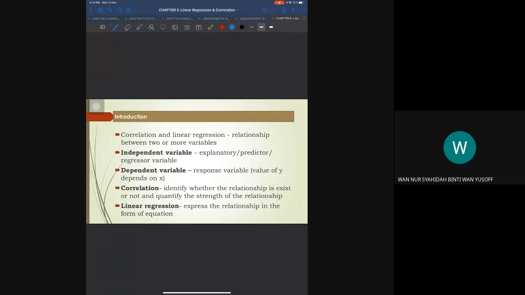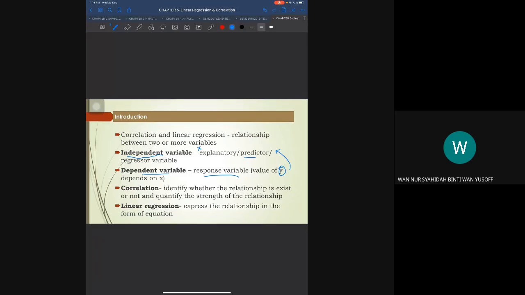The independent variable, which we call the predictor or the regressor, is denoted by X. That is the notation that we use. The dependent variable, which we call the response variable, is denoted by Y. This means that Y depends on X. There will be some keywords in the question to notify which one depends on which one, and it is also based on our experience and common sense.